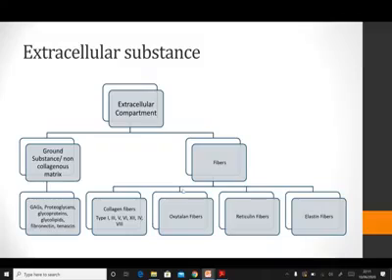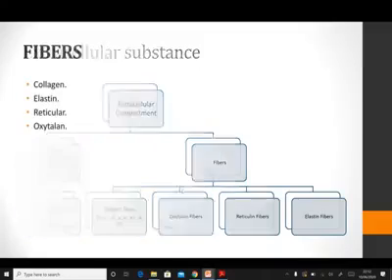The ground substance consists of the non-collagenous proteins like glycosaminoglycans, proteoglycans, glycoproteins, tenascin, fibronectin, glycolipids, and then we have numerous fibers embedded within this ground substance, consisting of the collagen fibers, the oxytalan fibers, reticulin fibers, and the elastin fibers.